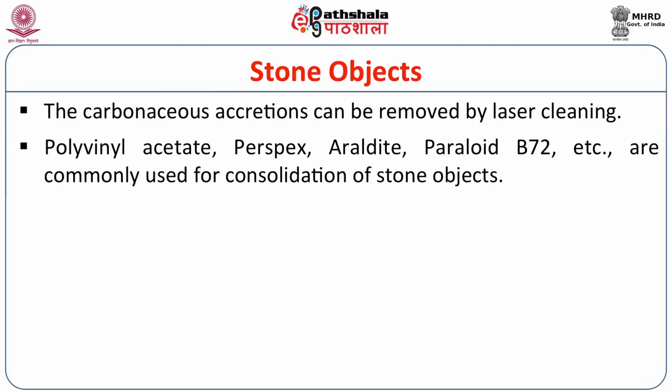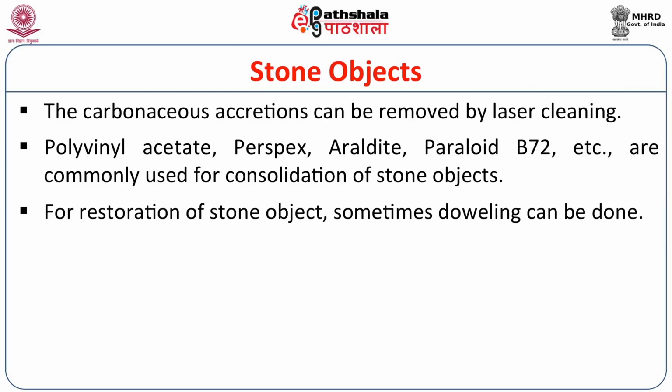Polyvinyl acetate, Paraloid, Araldite, Paraloid B72, etc. are commonly used for the repair and consolidation of stone objects, monuments, etc. For restoration of stone objects, sometimes dowelling can be done.